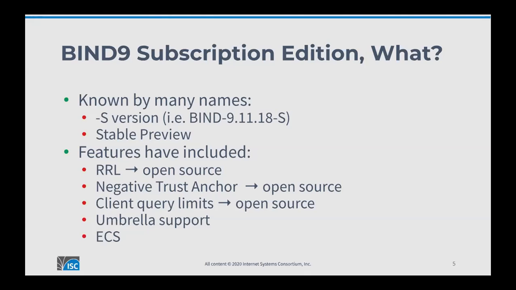Client query limits: if you were around maybe 4 or 5 years ago, then you probably remember the pain of the pseudo-random subdomain attacks. So there was effort that we did to alleviate this condition on the recursive side, and we put that into the subscriber edition first as well.